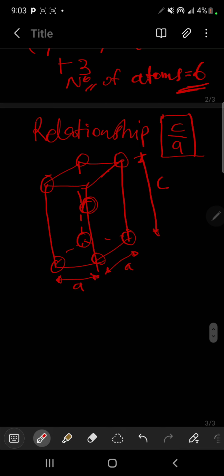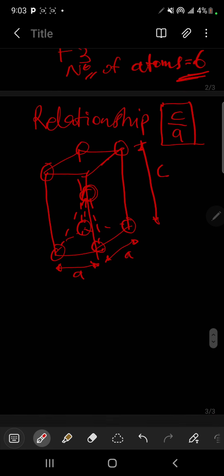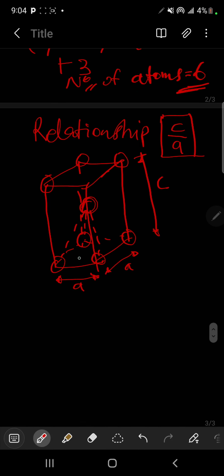So from here, we now need to come up with a way in which we're going to determine this ratio, C to A. One way we can do that is by connecting the middle atom to the edge like this, and also to that atom. By doing so, we obtain a shape of this nature.